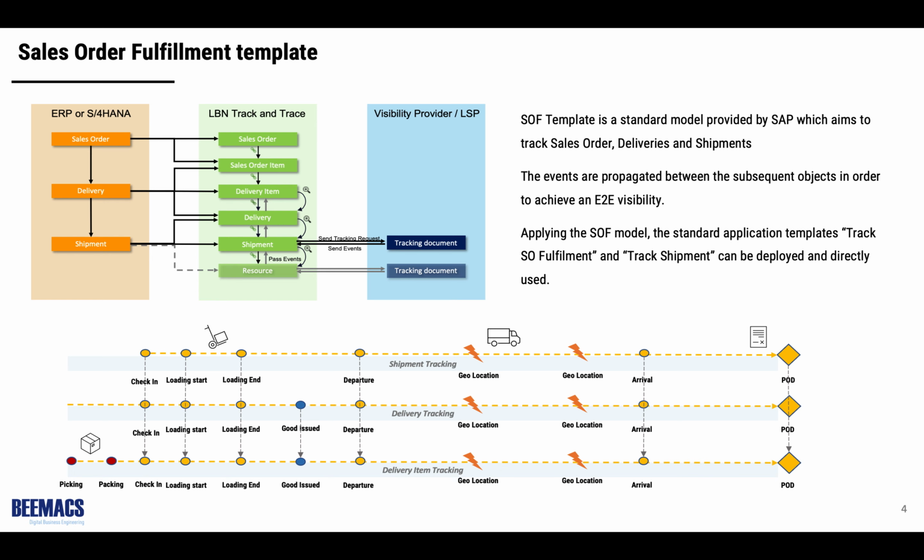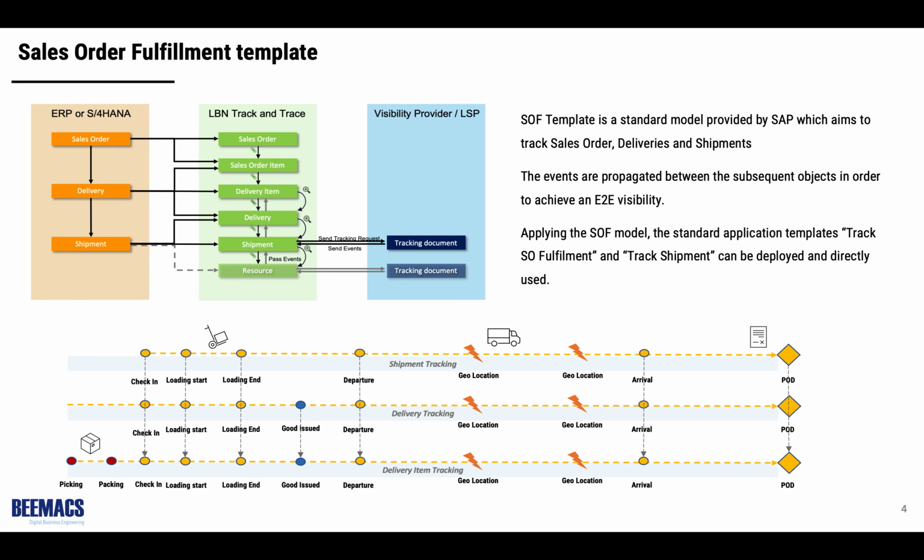SAP provides sales order fulfillment or purchase order fulfillment templates, depending on whether you are more interested in tracking your outbound or inbound processes. In general, the main goal is to start monitoring business critical scenarios, integrating the documents from your backend system, such as ECC or S4HANA systems.